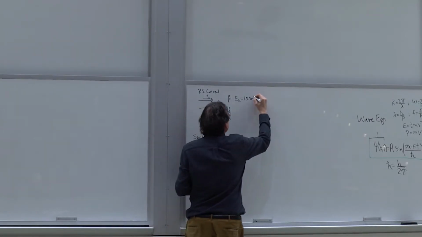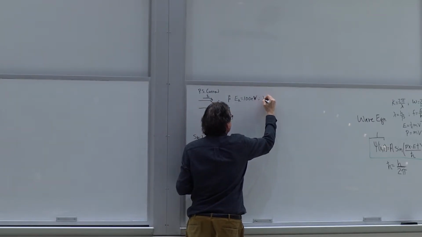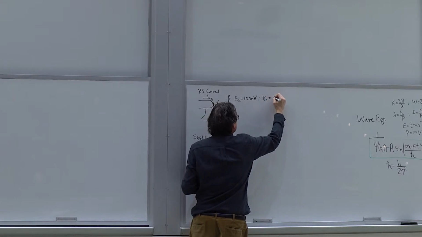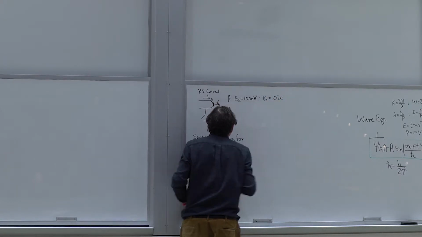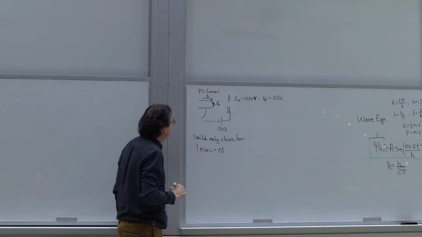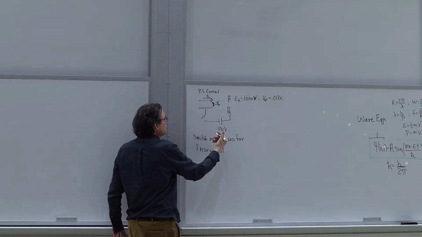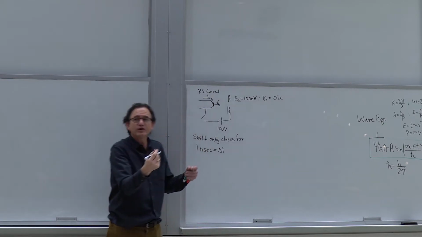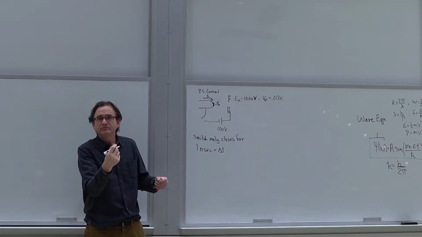And let's suppose further that with this 100 eV, the velocity of the electrons, which you can calculate, is about 0.02 times the speed of light, c. Okay, so I briefly close this thing and then I open it again, right? But I have the intensity so low that only 1 electron gets through, right?